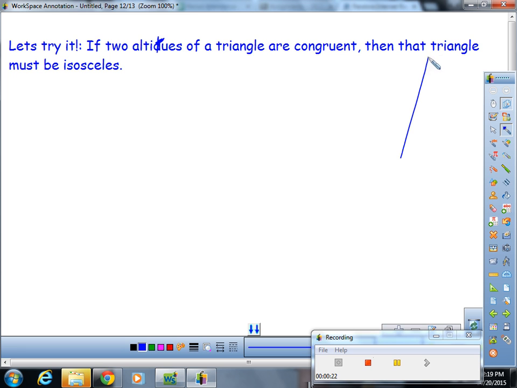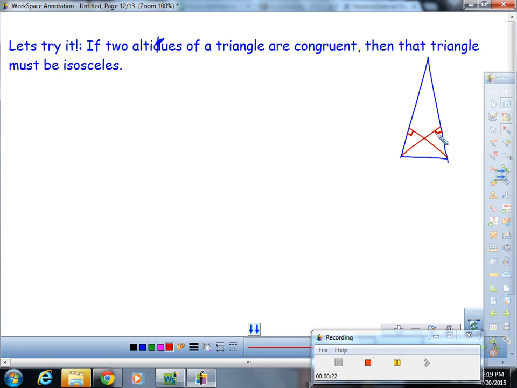It kind of looked equilateral, and I don't want it to be equilateral, so I redrew it. So I've got a triangle that appears to be isosceles, but I don't know that it's isosceles because I'm trying to prove that it's isosceles. But what we do have is a couple of altitudes. So that's going to need to be an altitude, so that has to be a right angle. And that's going to need to be an altitude.